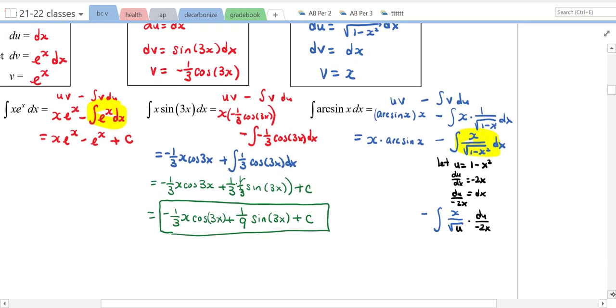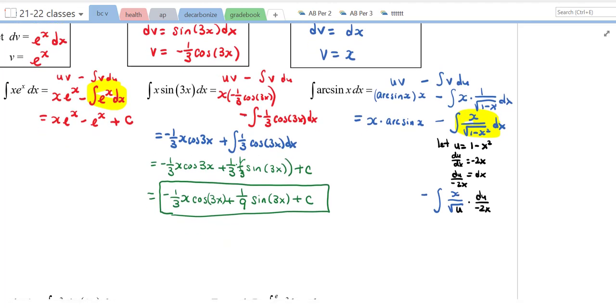And that is perfect because look, the x's cancel each other out. That negative with the negative 2 can simplify to become just a positive 1/2 outside of the integral. And then I have the integral of 1 over root u. And remember, that's the same thing as u to the negative 1/2, so that's great.